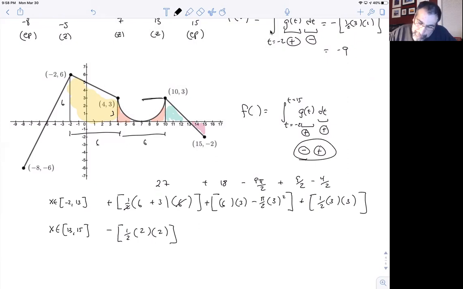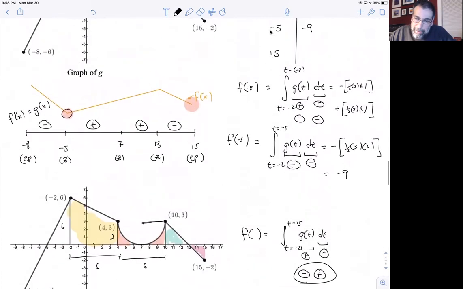So if we go a little further with this, 27 and 18, 37, 45, 45. This is going to be minus 5/2. This is going to be 9 pi over 2. So 90/2 minus 5/2 is going to give us 85/2 minus 9 pi over 2.